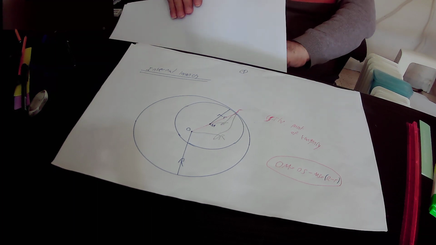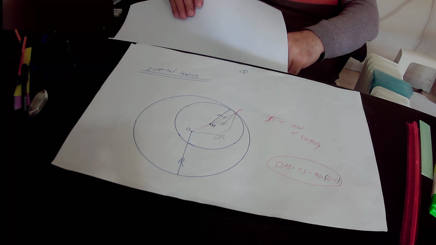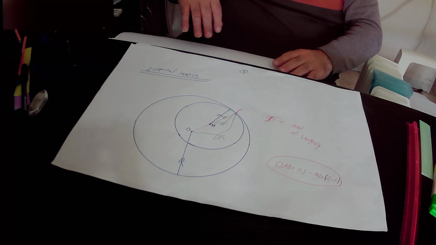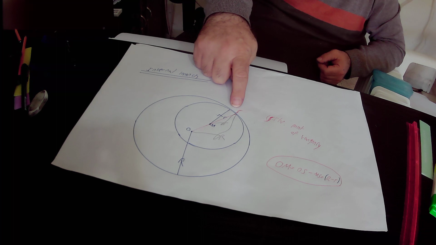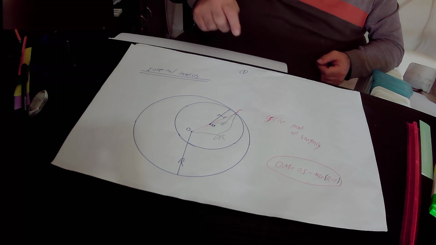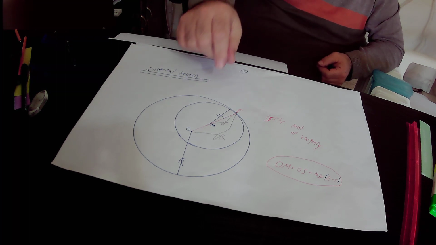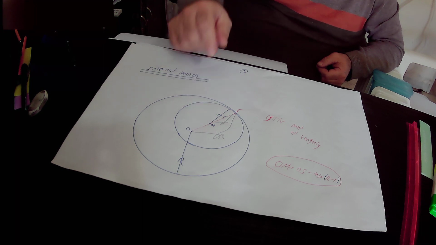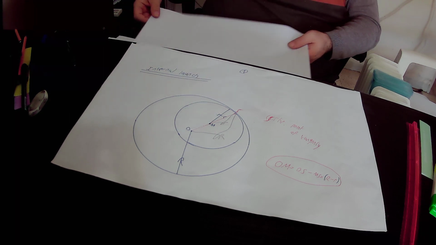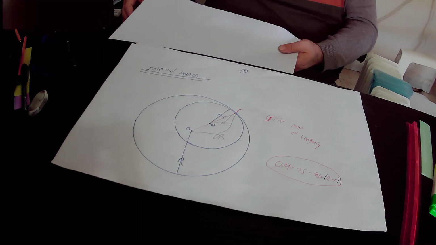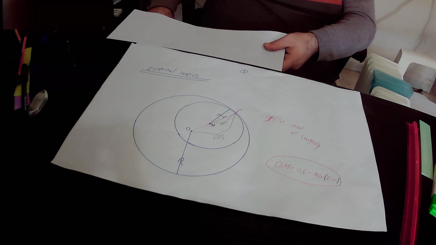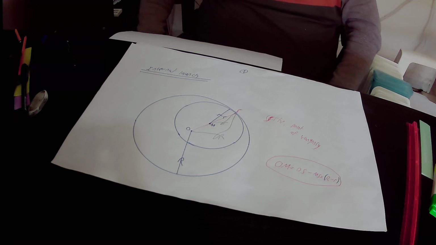In the internal tangency, the two circles are touching each other internally at this point, point S, and the distance between their centers, that is to say OM, will be equal to the difference between the lengths of their radii.